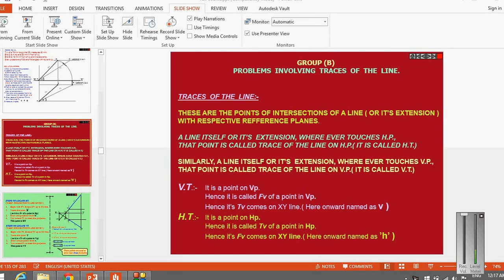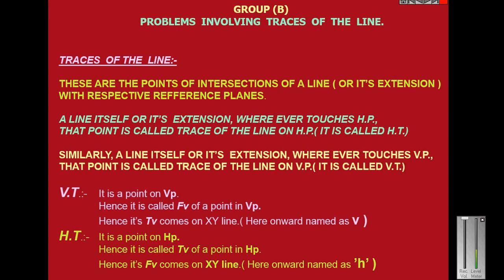So next I will give you an idea about the problems involving the traces of the line. Traces of the line: there are two traces, horizontal trace and vertical trace.